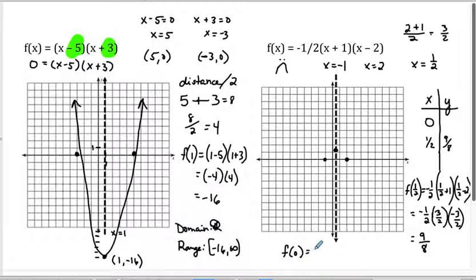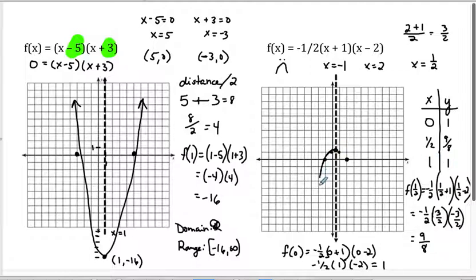F of 0 is equal to -1/2 times 0 plus 1 times 0 minus 2, which would be -1/2 times 1 times -2, which is -2 times -1/2, or +1. So here, and then reflecting that over the axis of symmetry at 1, we would also be at 1.